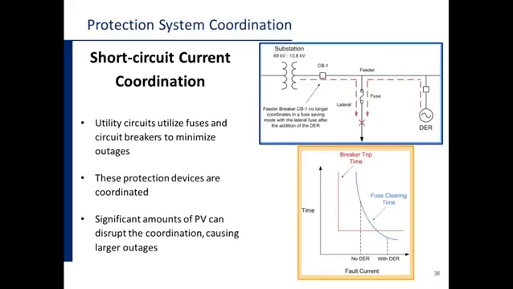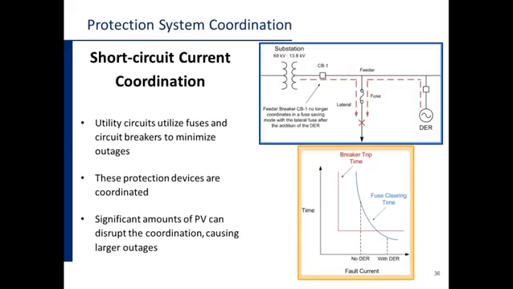While I won't get into the details that electrical engineers tend to enjoy so much, it's pretty straightforward that if you have a significant amount of power flowing from a photovoltaic system and then power coming from the utility substation, you can create a situation where the fuses can be miscoordinated, and you may end up causing a larger outage to more people if there is a problem because of this additional current coming from a PV system.